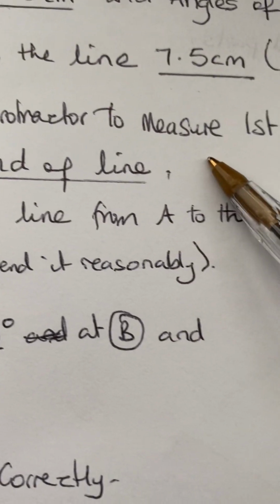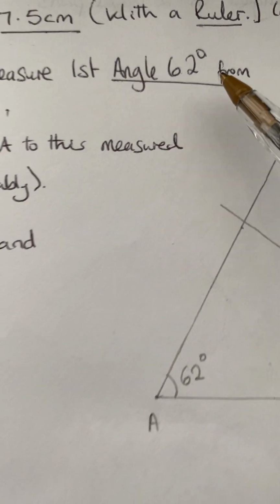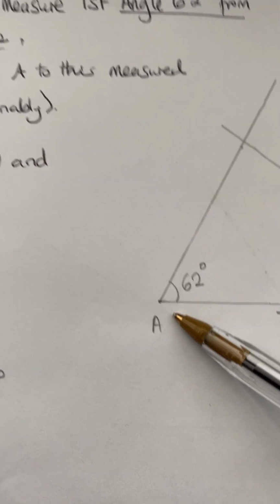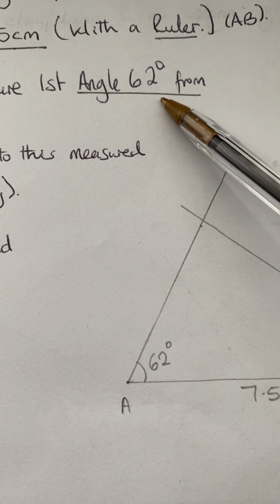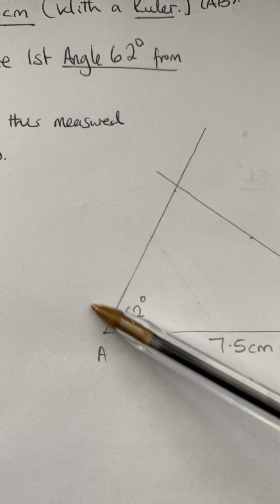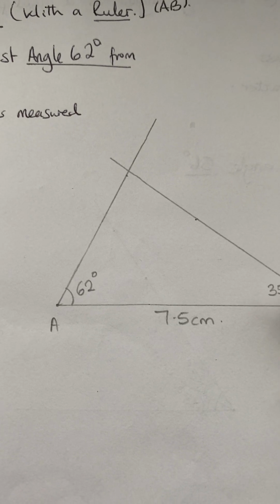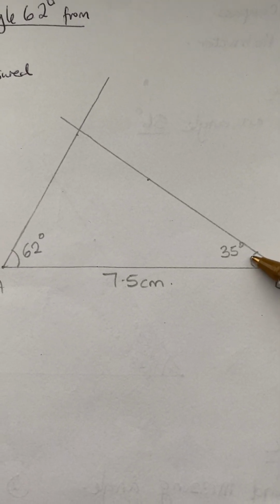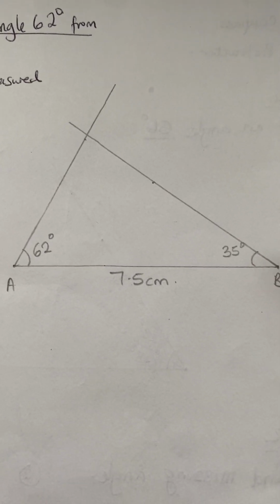Now, using a protractor, we measure the first angle, 62 degrees. As I just showed you, you measure this angle. I would normally measure the bigger angle, because if the line went there, then I will know how to measure this, so that I don't measure it on that side.